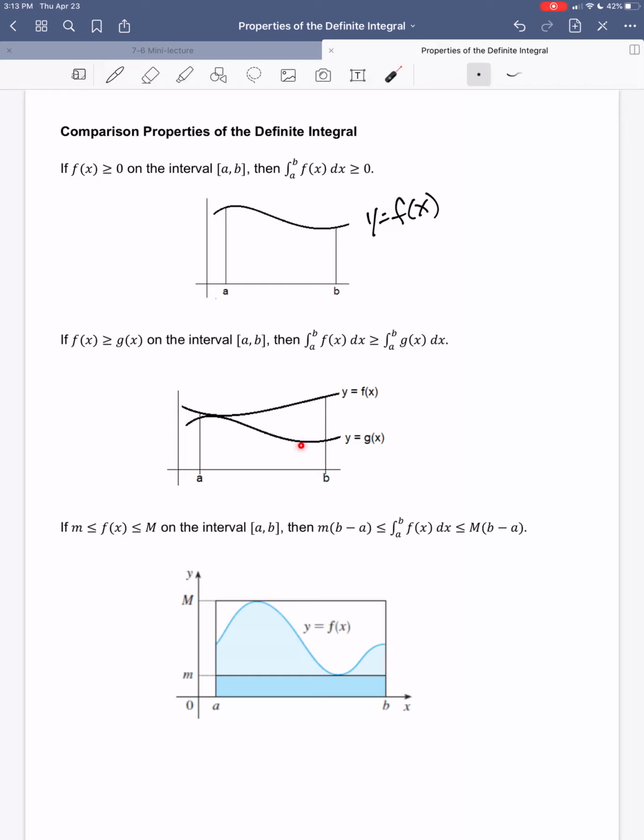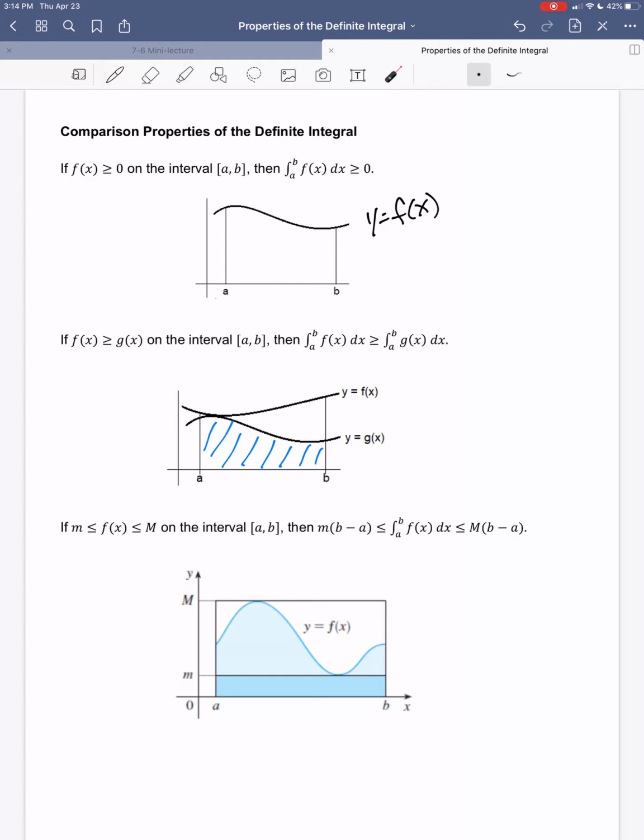The area under g of x is part of the area under f of x. So the blue shaded area has to be less than the area under f of x. So the integral of g of x has to be less than the integral of f of x, or the integral of f of x has to be greater than or equal to the integral of g of x.